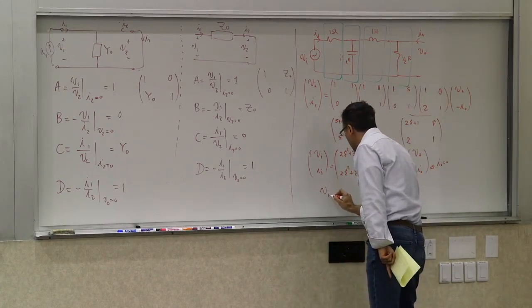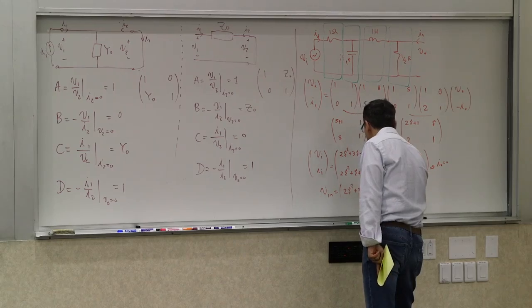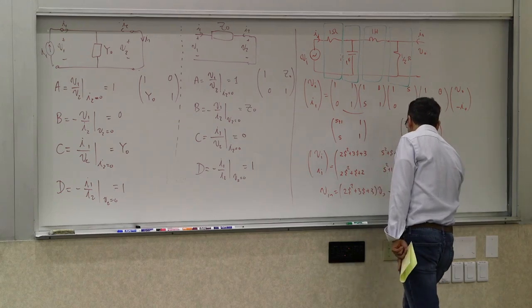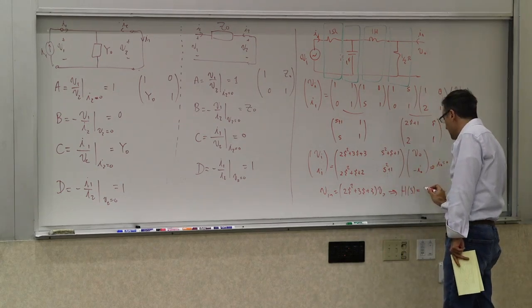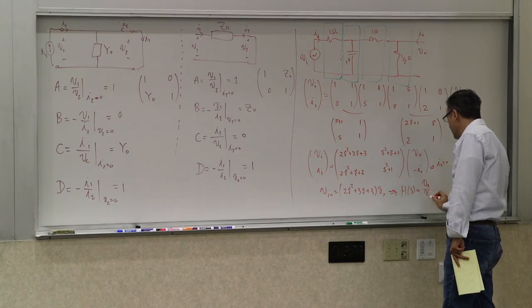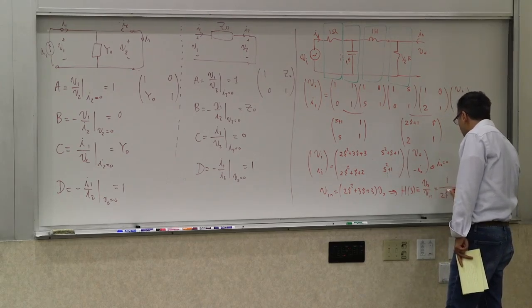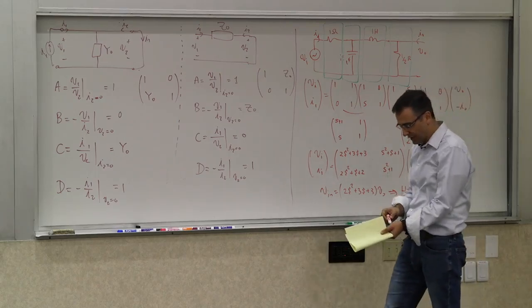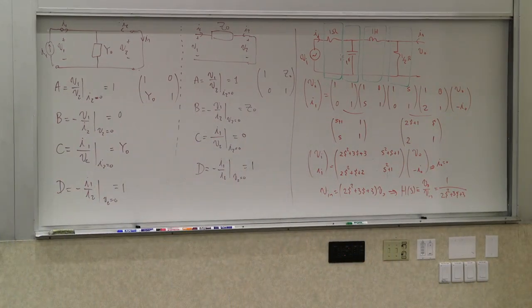So V in is going to be 2s squared plus 3s plus 3 times VO, which basically means that the transfer function, defined as VO over V in, is going to be 1 over 2s squared plus 3s plus 3. And you can see that using the ABCD parameters, we have calculated this transfer function accurately.